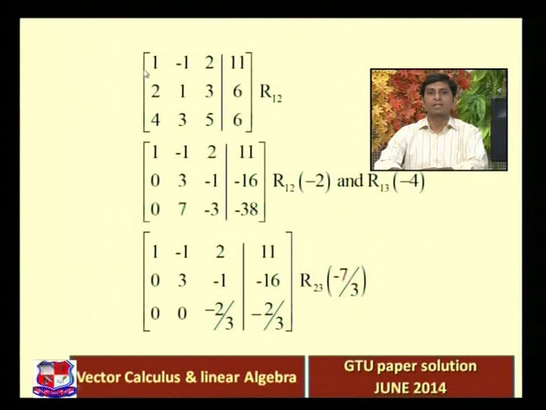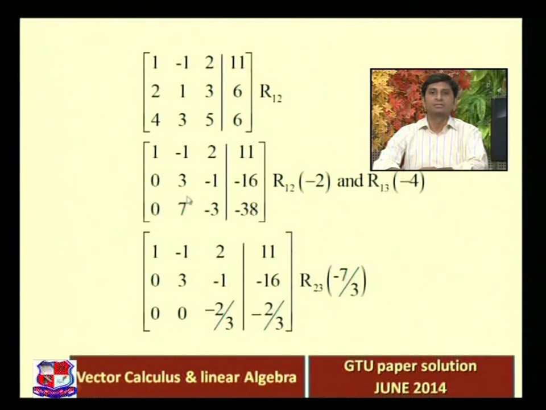Then multiplying the first row by -4 and adding into the third row: 0, then 4 plus 3 is 7, then 5 minus 8 is -3, then 11 into -4 is -44, plus 6, you will get -38.